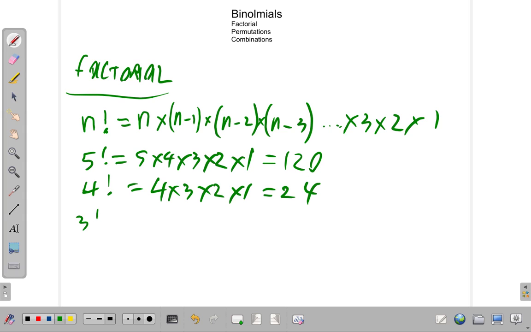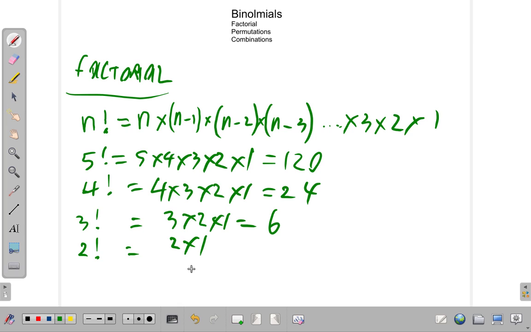What about 3 factorial? That will be 3 by 2 by 1, which is 6, right? And 2 factorial is equal to 2 by 1. 1 factorial is just 1. All right. So, there you have it. So, now, that's the argument on the factorials.